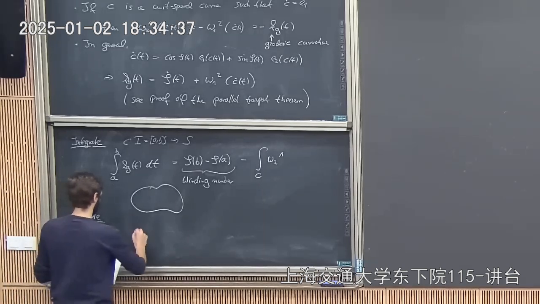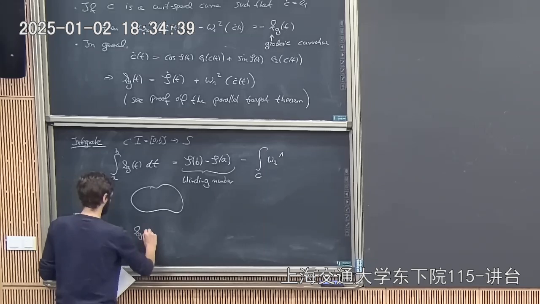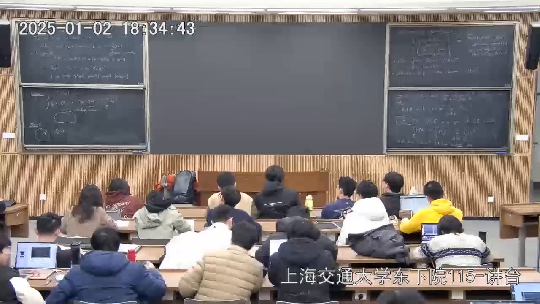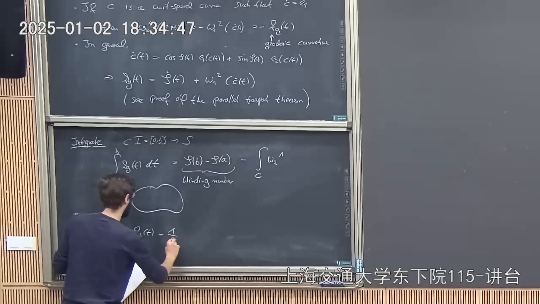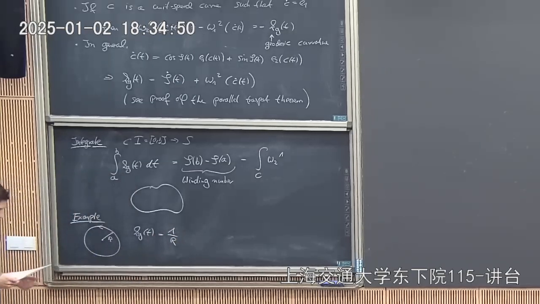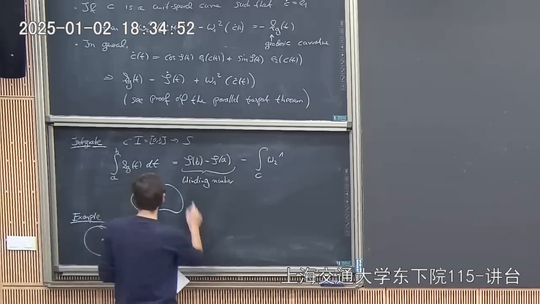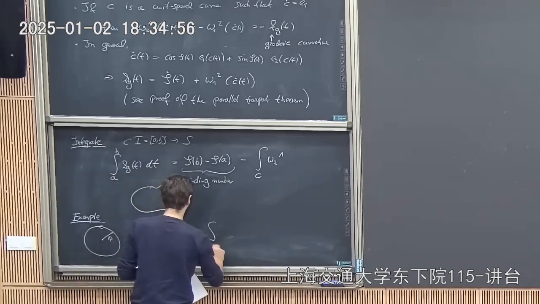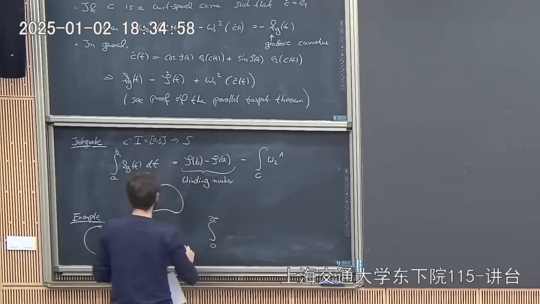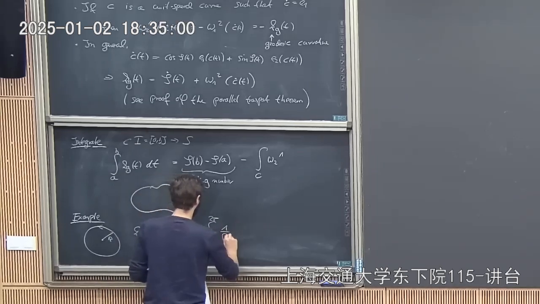In this case the geodesic curvature of the curve is 1 over r, as we have discussed quite a few times by now. So if you calculate the left-hand side, what you end up with is the integral from 0 to 2 pi of 1 over r.